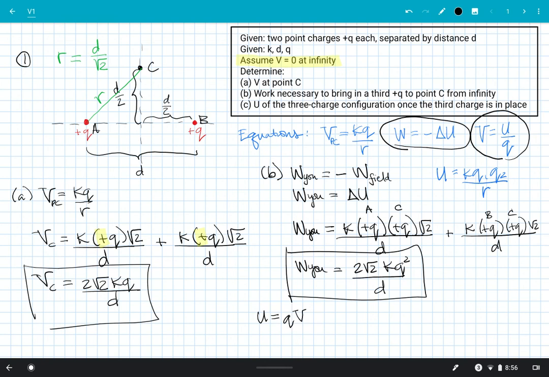If I apply that at point C, what that looks like then is the charge I'm bringing in, which is positive Q, multiplied by the potential at the point I'm bringing it to, or the elevation I'm bringing it to. And that is just V sub C, which we solved in part A, right? So that gives me Q multiplied by 2 root 2 KQ over D. And that's going to end up being the same thing as we just found here. So either of those approaches works there.